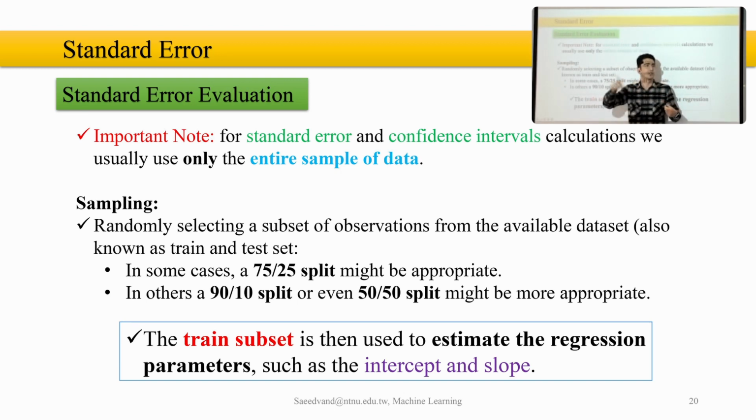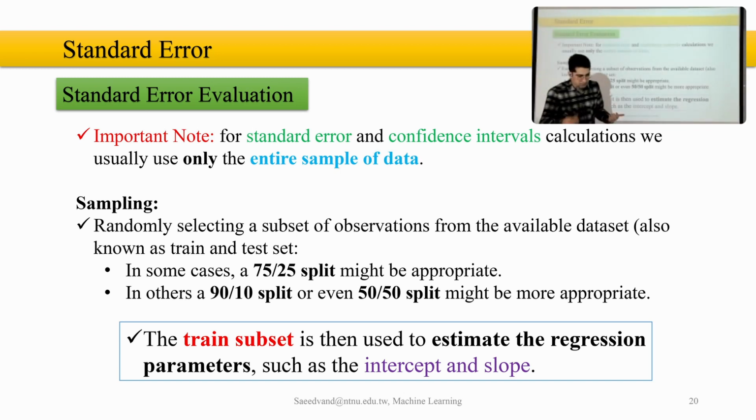Usually they don't even write it in the books and the definitions; they split it into train and test, and they say sampling. So when we say sampling, it means that we want to divide. For example, in some cases a 75%, 25% split is appropriate for your data set, to train the model based on this data, and then later test it on that 25%.